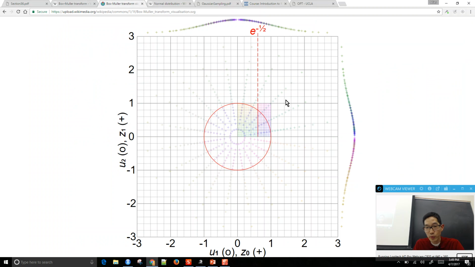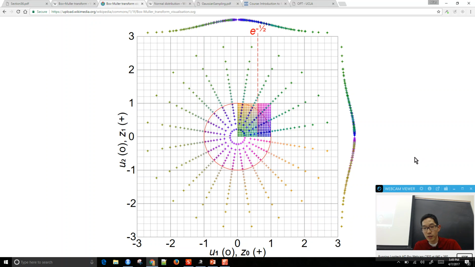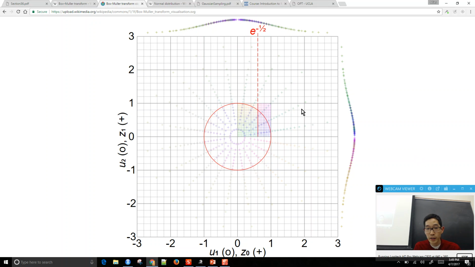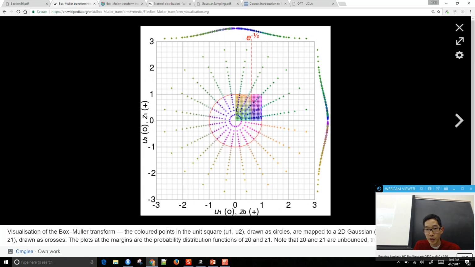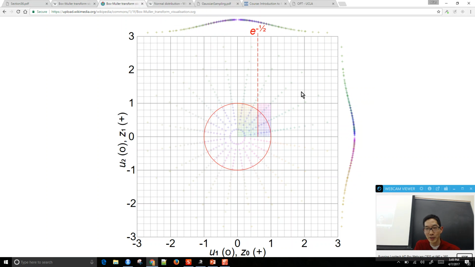Okay, so what we're doing is we're going from 0 to 1, okay, and then here's the static picture. Okay, so we're generating. I'm sorry, I'm getting mixed up here.